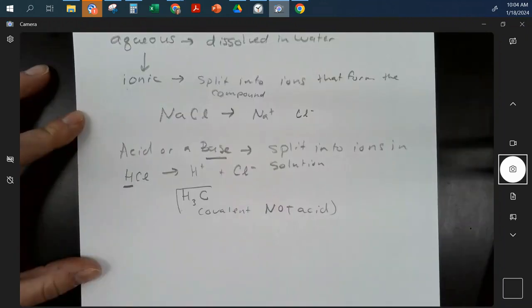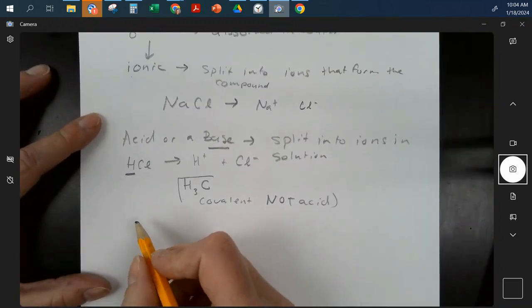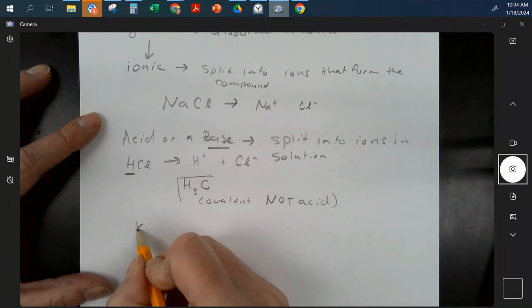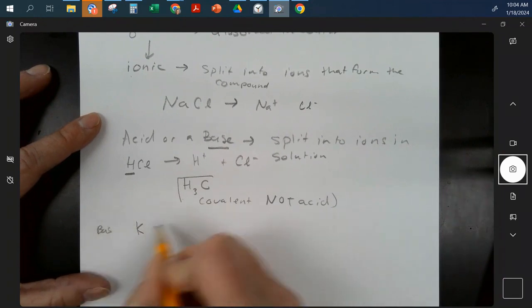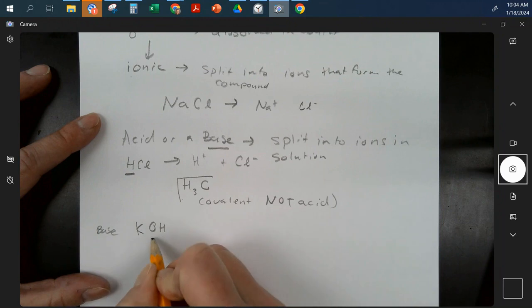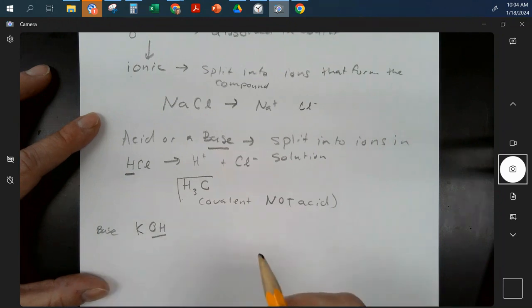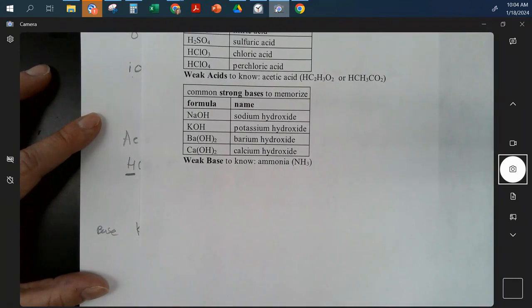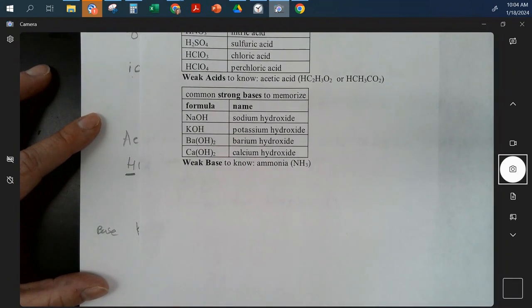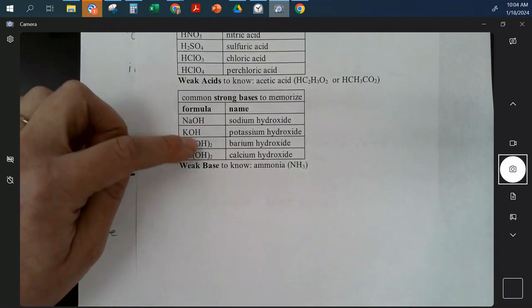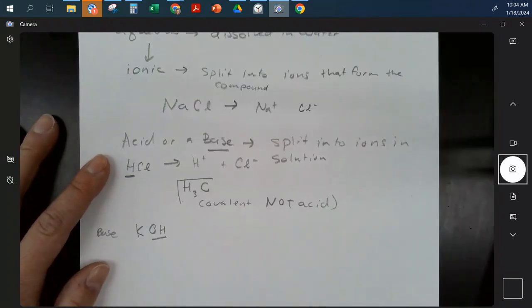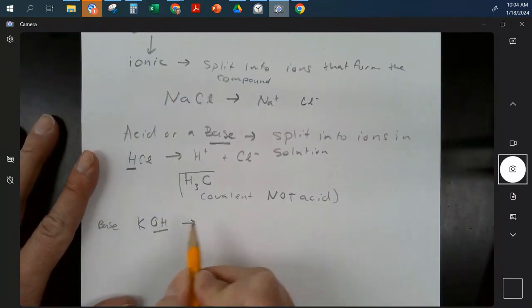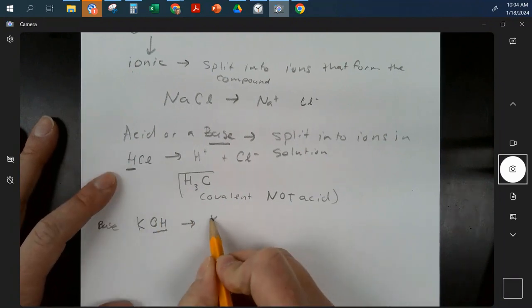So let's look at sodium hydroxide. Let's do potassium because we haven't used potassium. This one's a base, potassium hydroxide. I know it's a base because it has OH. If you notice on your list, all of those have OH. They're all bases. So this one is going to split into K plus, that's a metal.